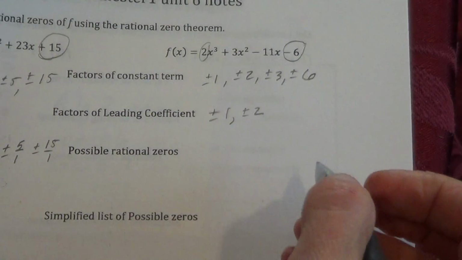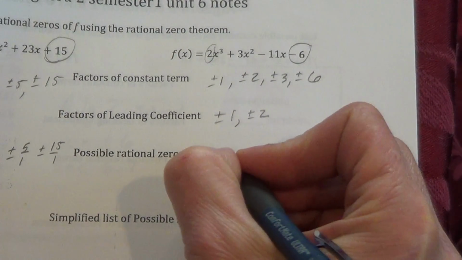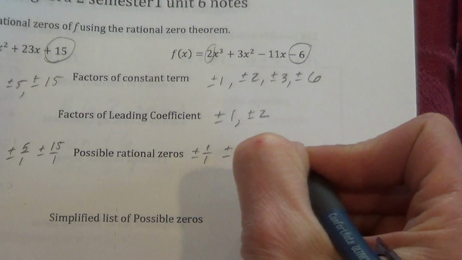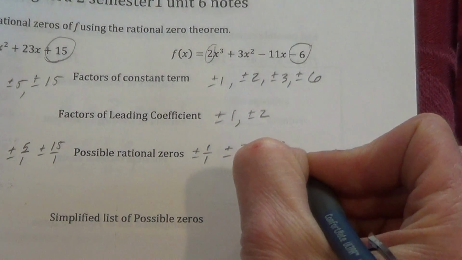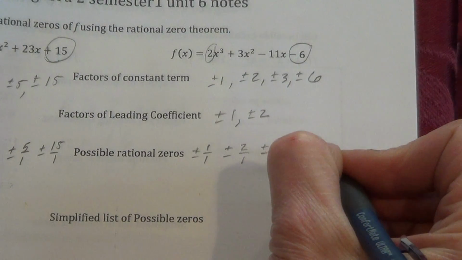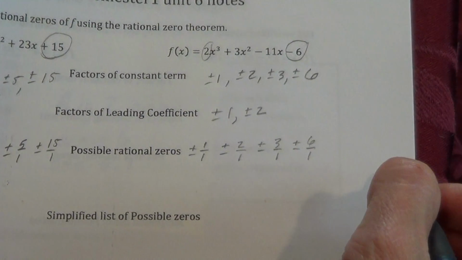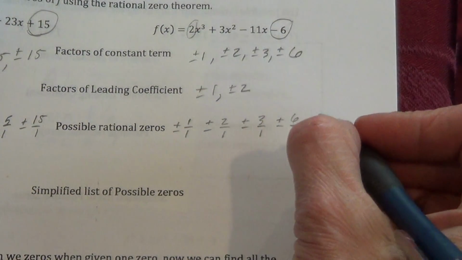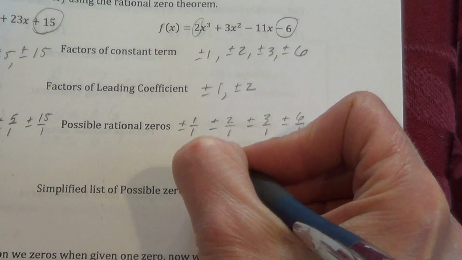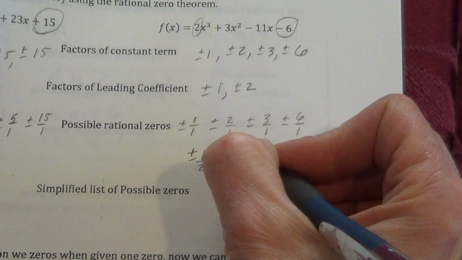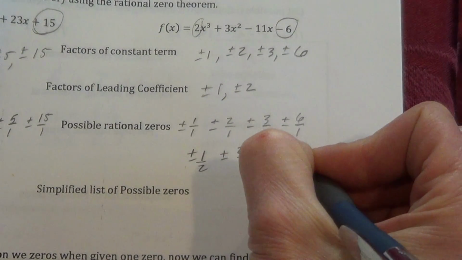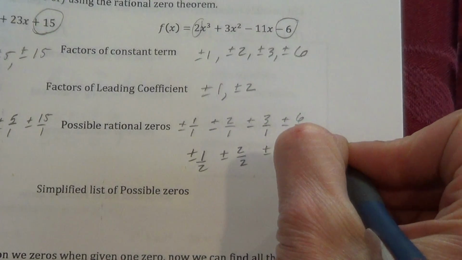The next one, we have plus or minus 1 over 1, plus or minus 2 over 1, plus or minus 3 over 1, plus or minus 6 over 1. Next we would have plus or minus 1 over 2, plus or minus 2 over 2, plus or minus 3 over 2, and plus or minus 6 over 2.